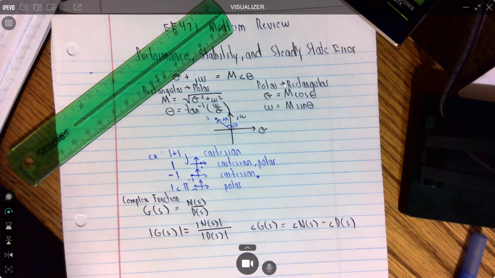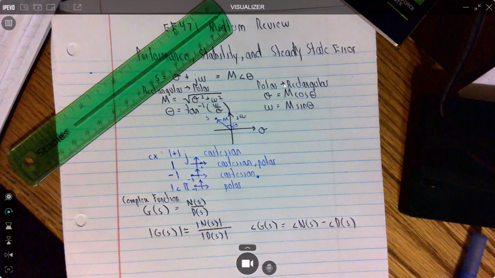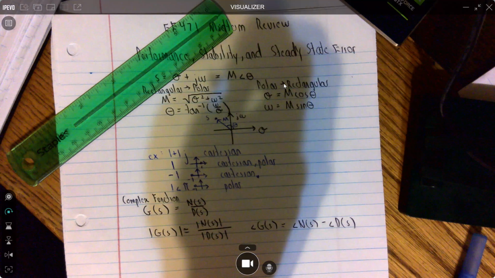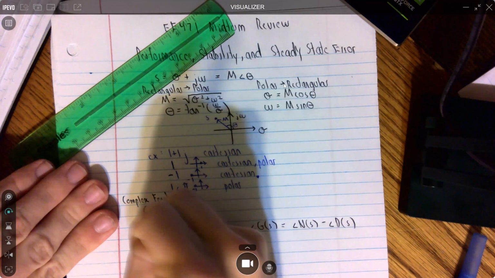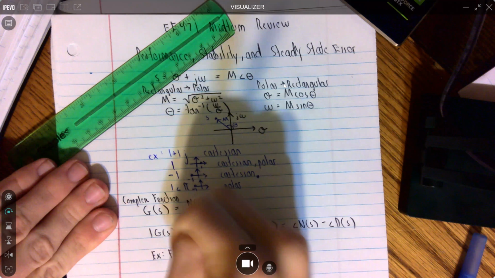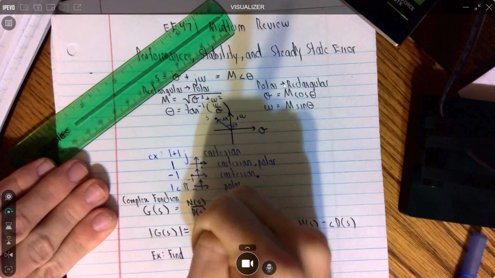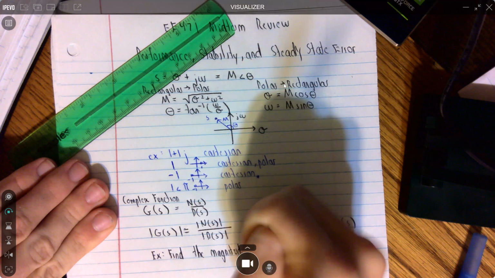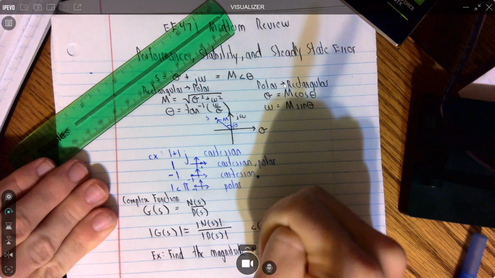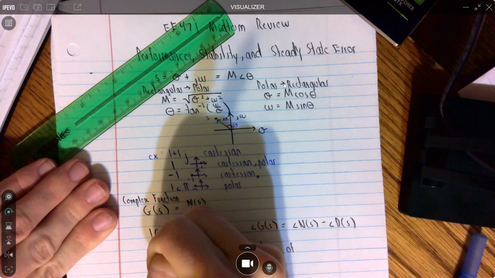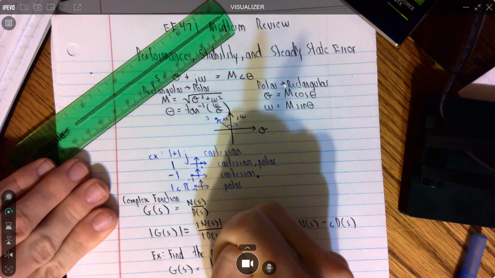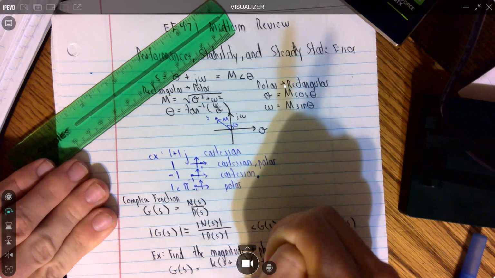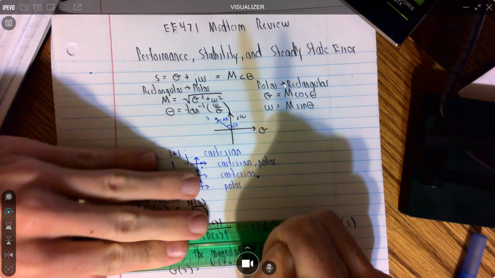Let's say our example is: find the magnitude and phase of G of s equal to K times (s plus z1) times (s plus z2), all over (s plus p1) times (s plus p2).